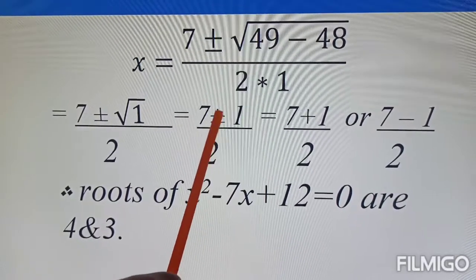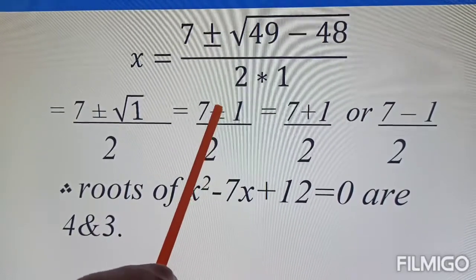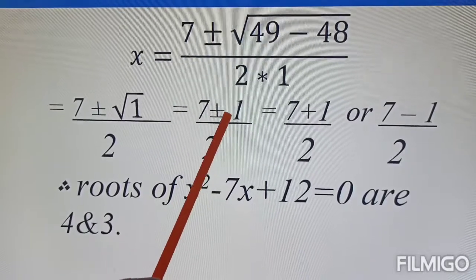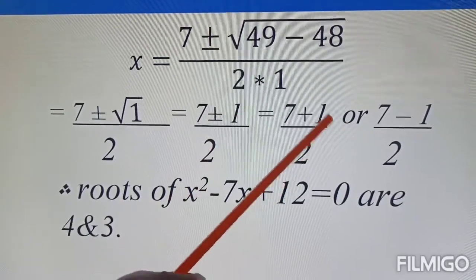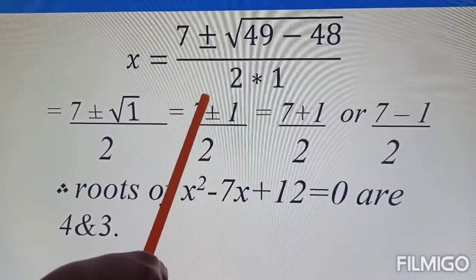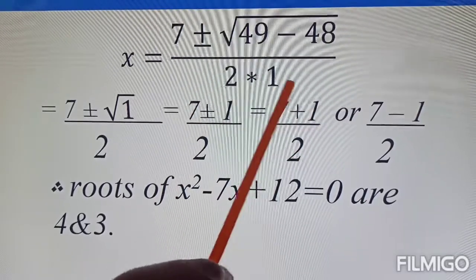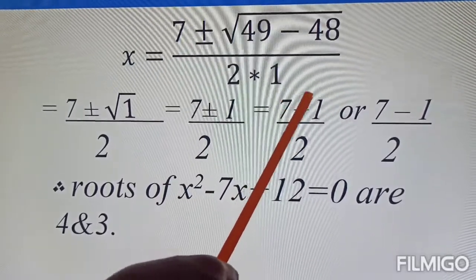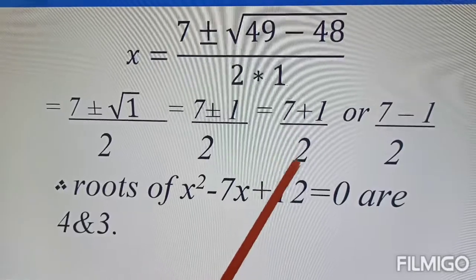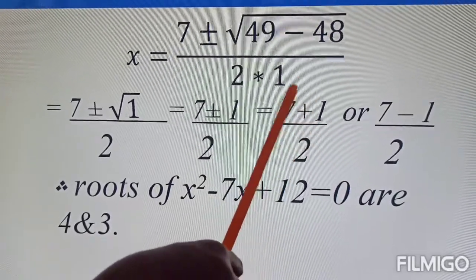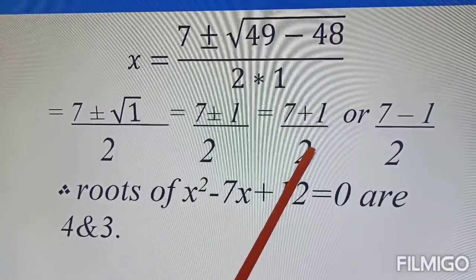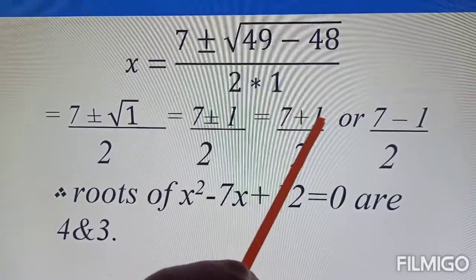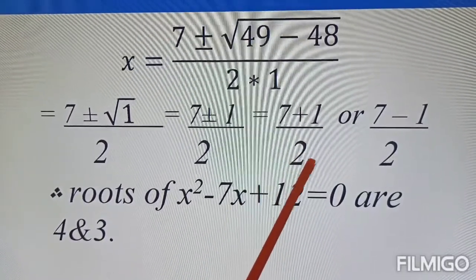Then we make two terms, taking plus once and minus once. First, 7 plus 1 divided by 2. By adding these two, it becomes 8. 8 divided by 2 will be 4.